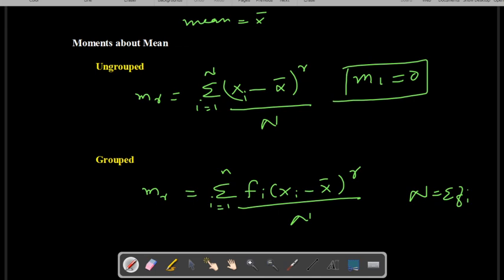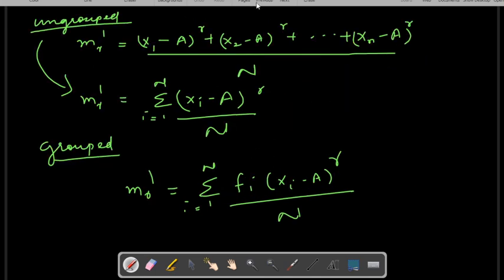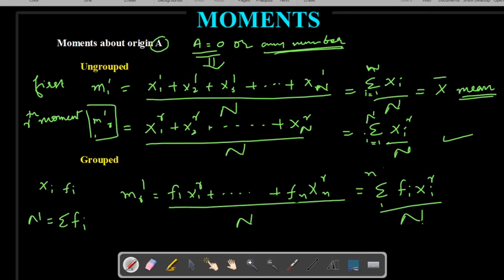Just I'll show you the formula. This was the formula, sorry, this was the formula for about origin a. So this was the formula. Here xi we have used. So once xi is converted to ui, what will happen? You have to multiply the c factor, whatever you have divided throughout the entries, here.